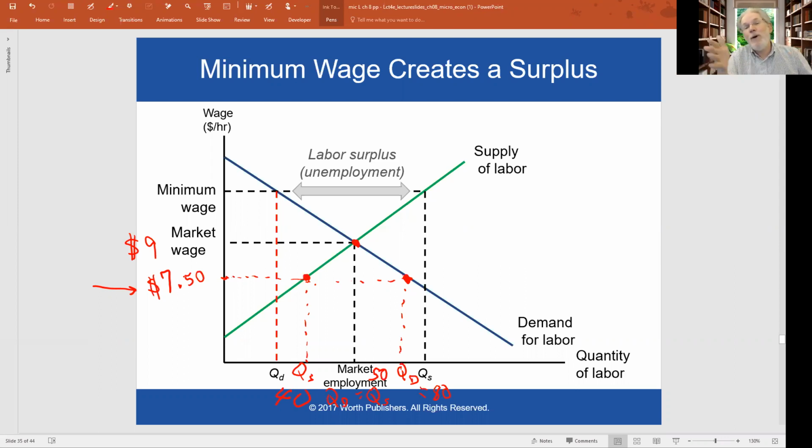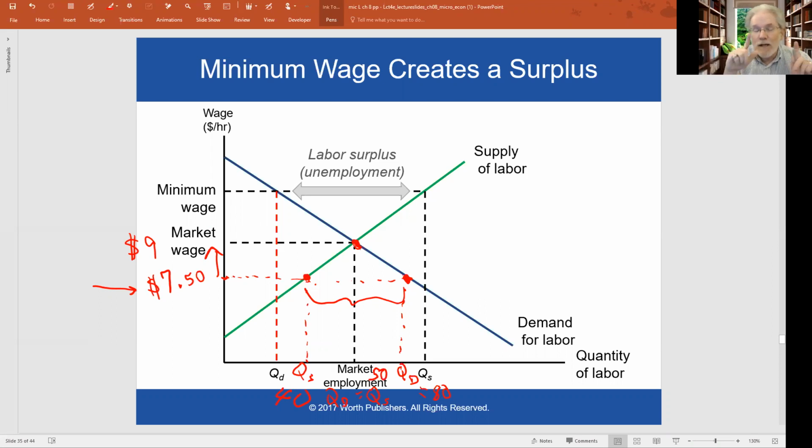It tells them you have to pay at least $7.50 an hour. Okay? It doesn't prevent them from paying more. So if the actual wage were $7.50, there would be a shortage. When you have a shortage, that causes the wage to go up. Okay? It would go up to $9, and we would end up in equilibrium.